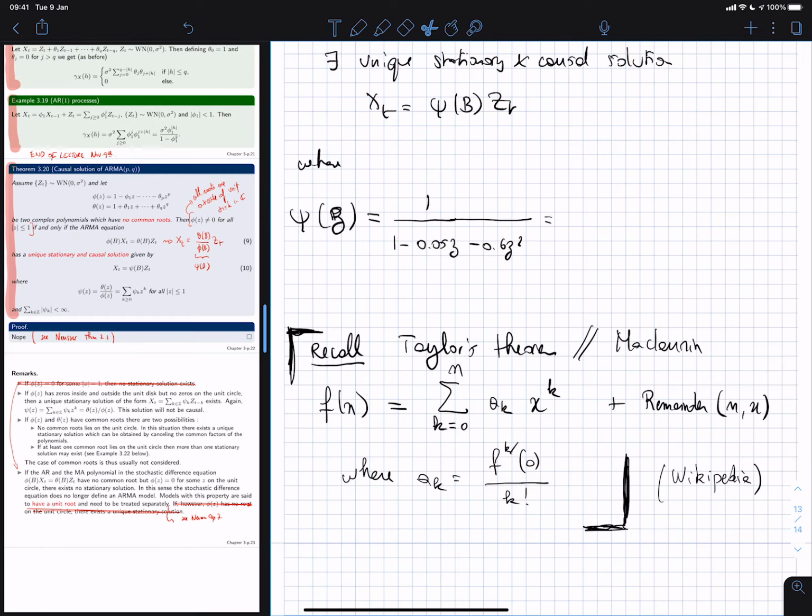So what did I get? I got 1 plus 0.05 z plus 0.6025 z squared plus 0.060125 z cubed, and you can go on up to whatever order you want. I stopped at order 10.